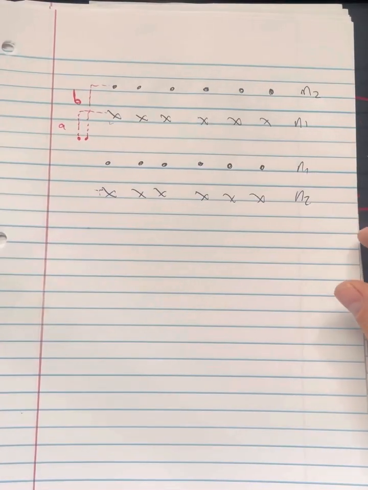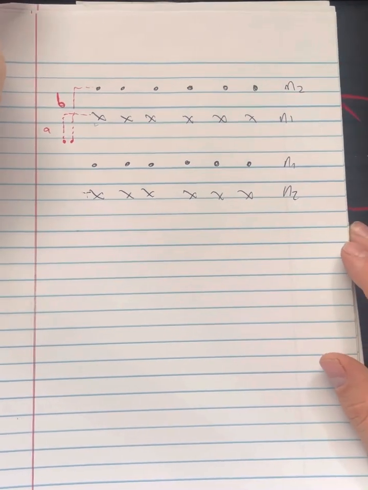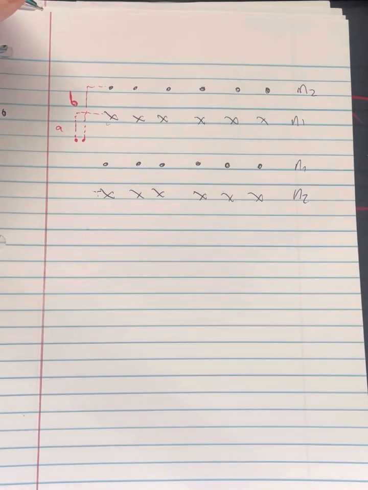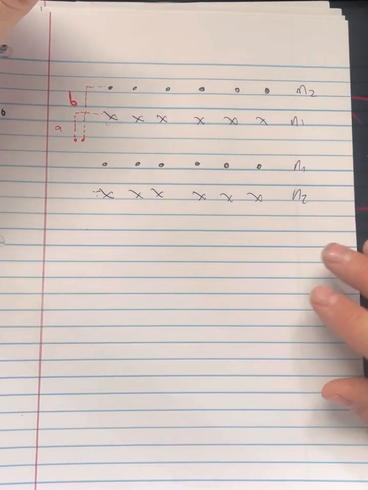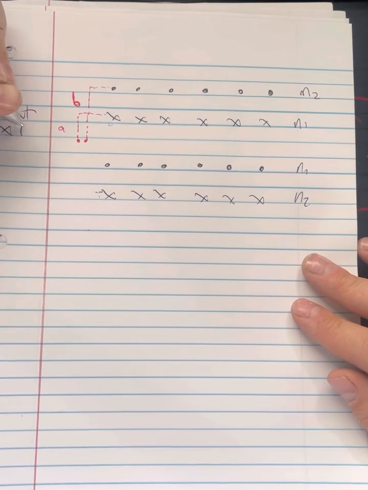Next, I decided to draw my solenoids like this. So we have the dots going out of the page, and the crosses going into the page.